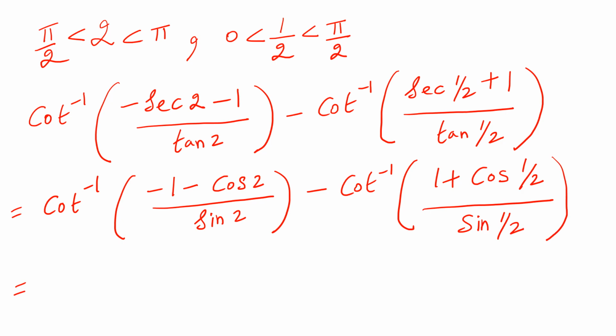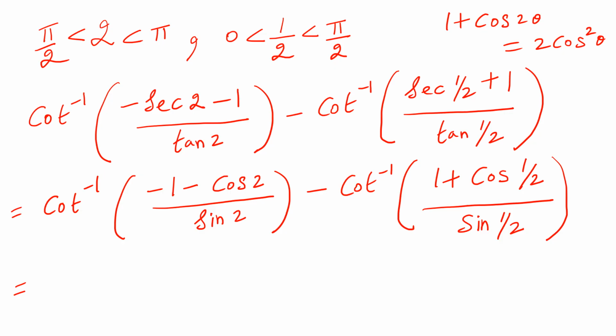Now students, we know that 1 plus cos 2 theta is equal to 2 cos square theta. Right? So that means 1 plus cos 2 can be written as 2 cos square 1. And similarly, 1 plus cos 1 upon 2 can be written as 2 cos square 1 upon 4.